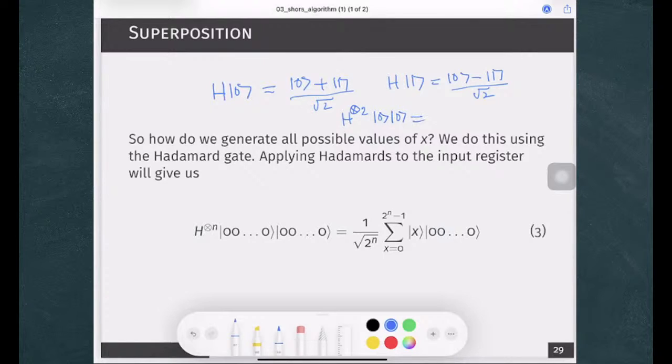That is just equal to H acting on each qubit separately, so H H. There's actually a tensor sign in between, the letter X.